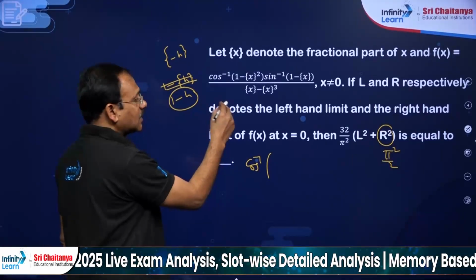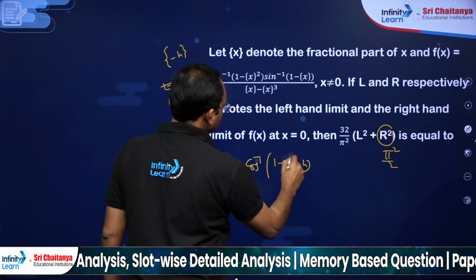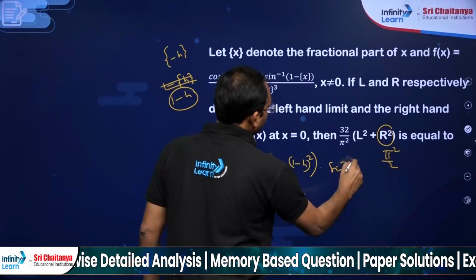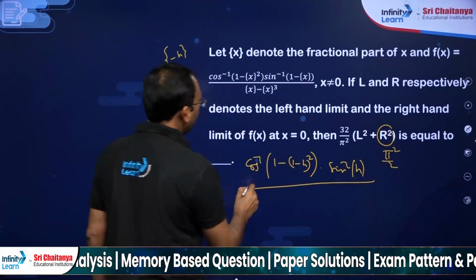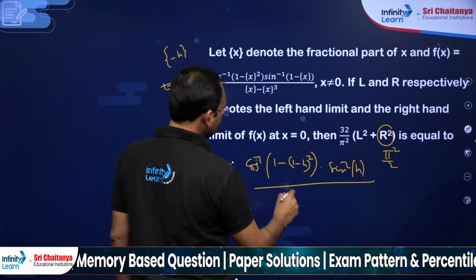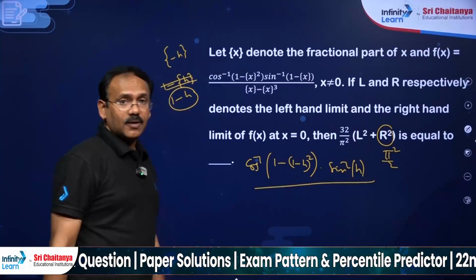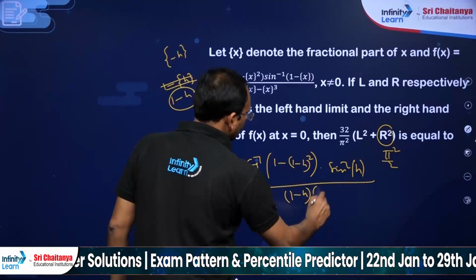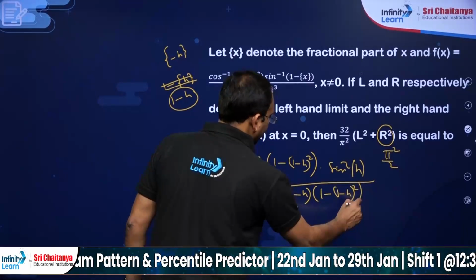You have to replace x by minus h, you will get 1 minus h whole square into sin inverse of 1 minus h will become h by, this is actually h comes out, right. Fractional part of x is minus h. So, 1 minus h into 1 minus h whole square, my dear friends.